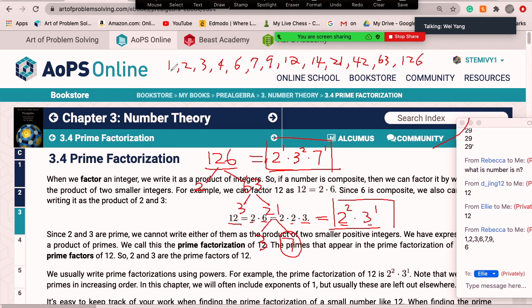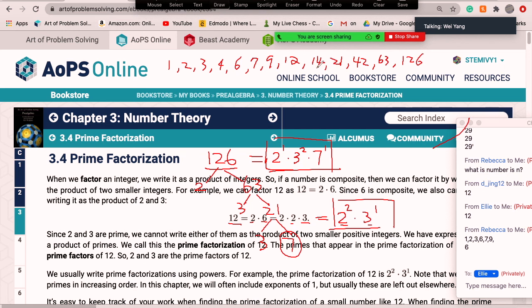Now let's count. 1, 2, 3, 4, 5, 6, 7, 8, 9, 10, 11, 12. I wrote something one too many. Now let's see. That's 9, 63. This one's right. 42, that's right. 21, that's right. 14, that's right.